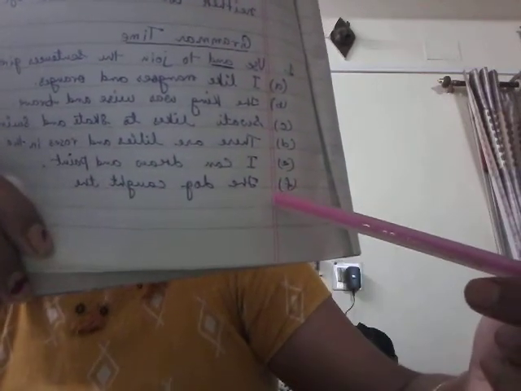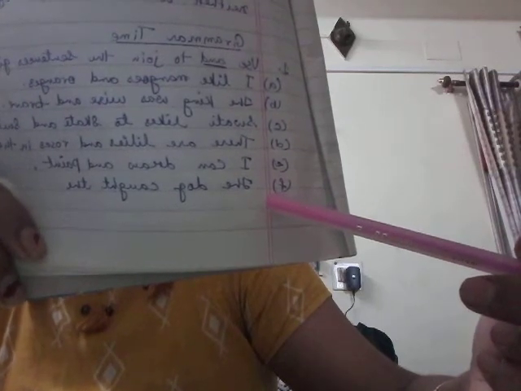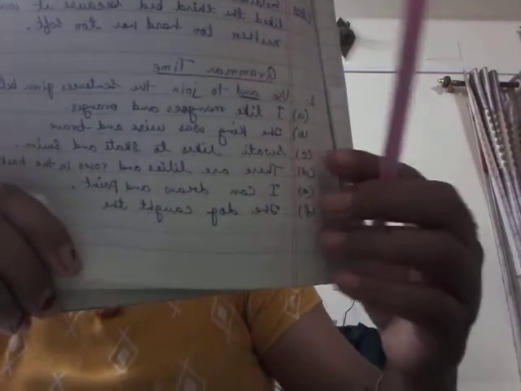Then number F. The dog caught the ball, the dog ran away. Now two sentences. Now we will join that. The dog caught the ball and ran away. Let me finish the sentence.